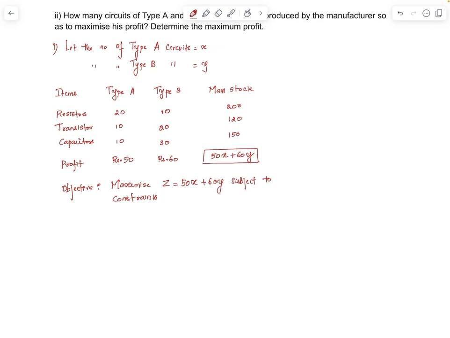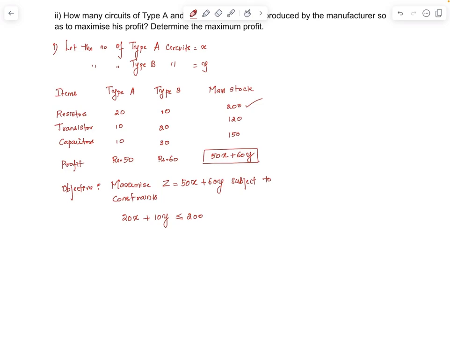Coming to the table's first line, maximum stock in resistors is 200. Type A uses 20. Type B uses 10. That means 20 times X plus 10 times Y should be less than or equal to 200.